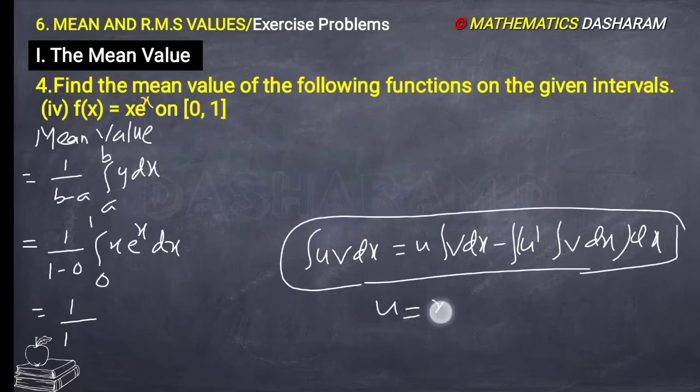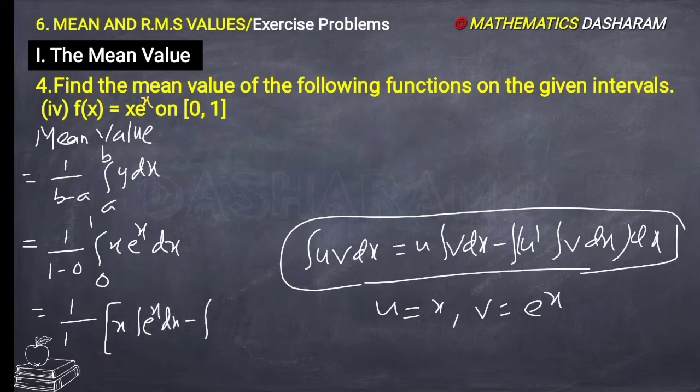So here u value is x and v value is e power x. So let us use this formula. x integration e power x dx minus integration u dash, means derivative of x, into integration of e power x dx, whole dx.